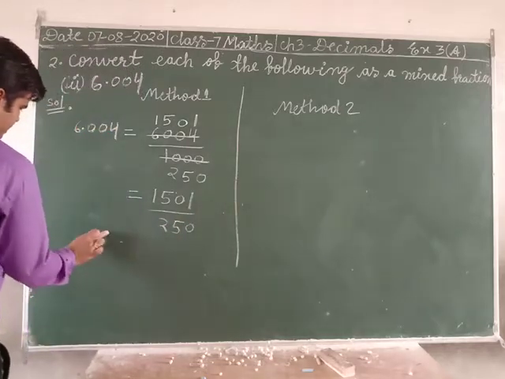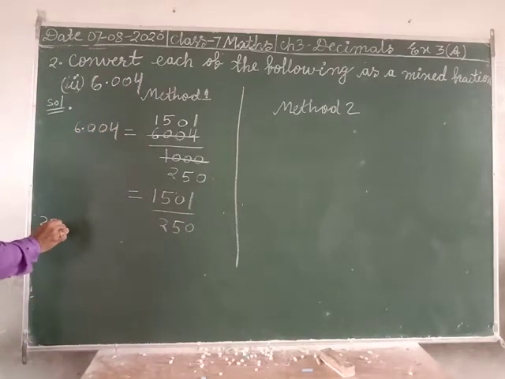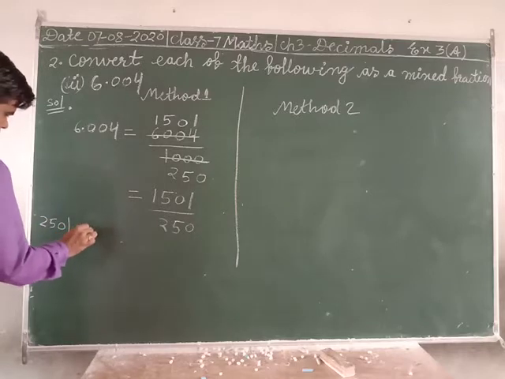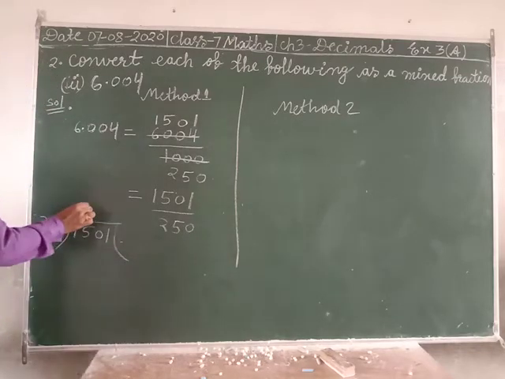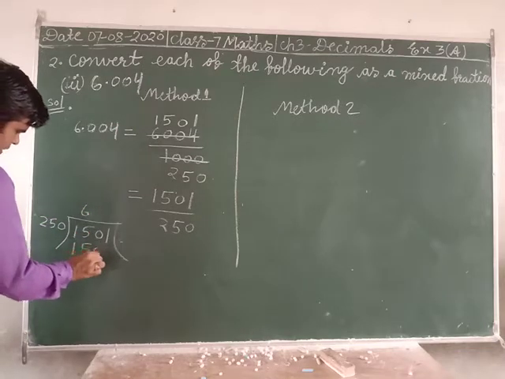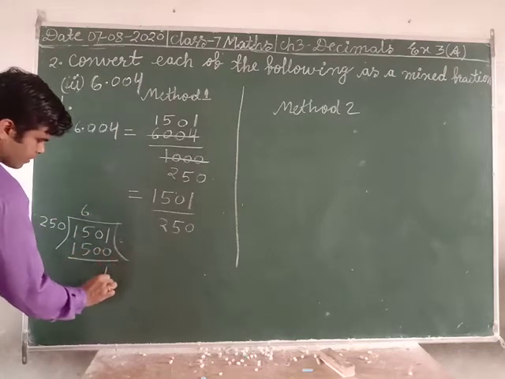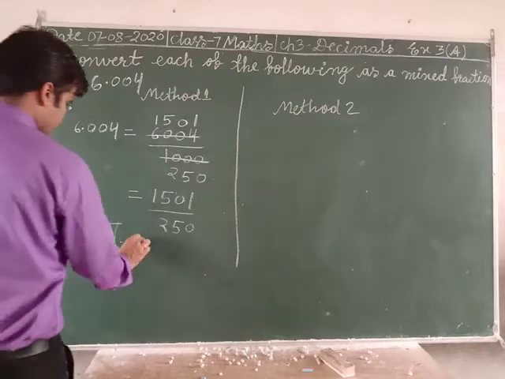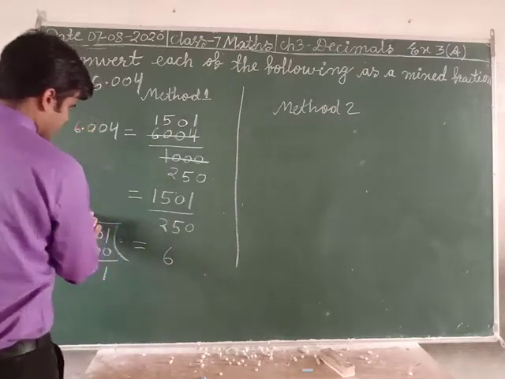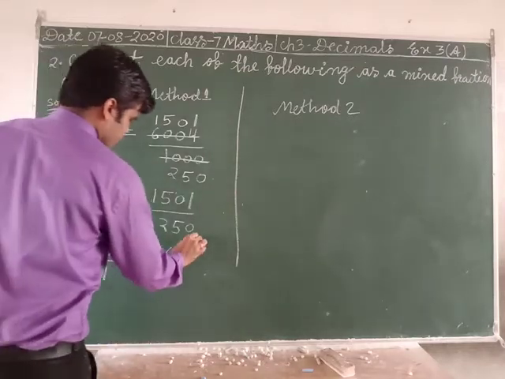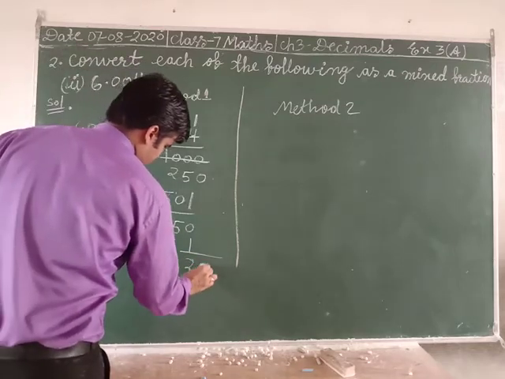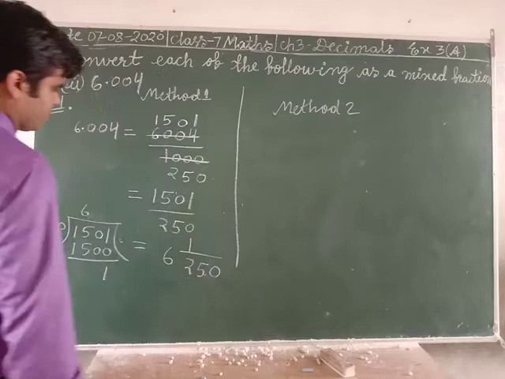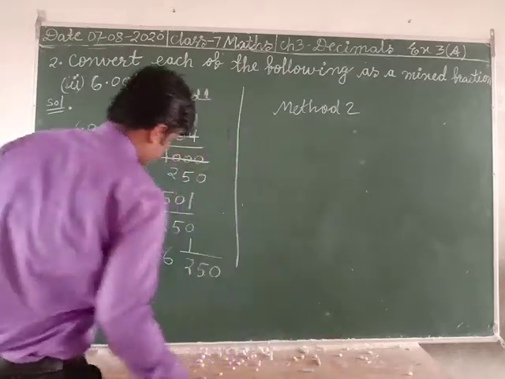So see here I am going to divide 1501 by 250. 250 6s are 1500, remainder 1. So this gives 6 integer. This 6 is an integer. 1 upon 250, the remainder upon 250.